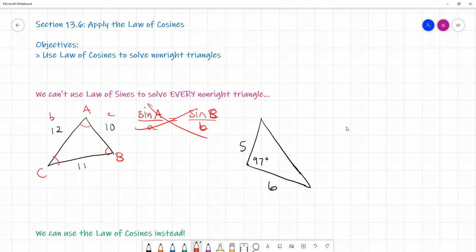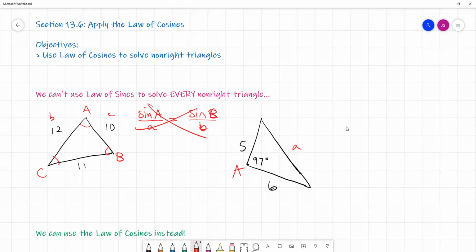And same thing here with this one. If I know two sides and an angle specifically in between those two sides, it's the same issue. For example, let's say I wanted to solve for this opposite side. If I call this angle A, I want to solve for side a. That means I choose the other form of the law of sines, the one with the sides on top.